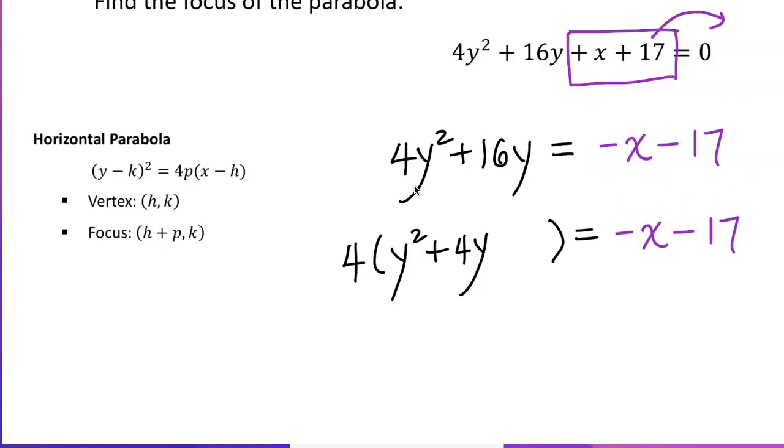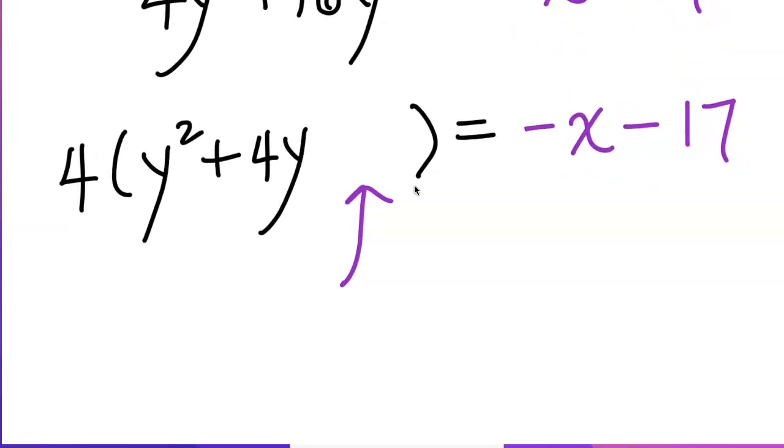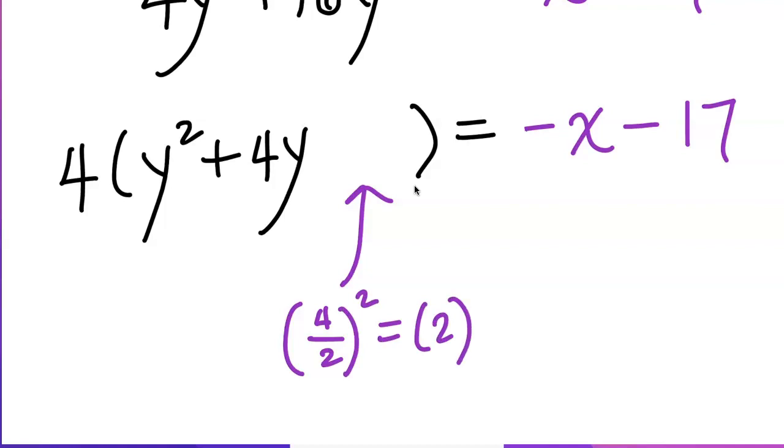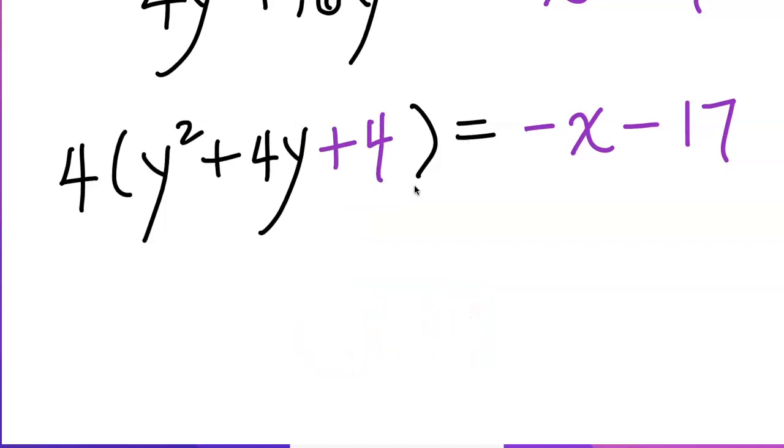Let us complete the square. What should we add inside this parenthesis? Remember, it's always half of that middle number squared. So if you do half of 4, that's 2. 2 squared is 4. So I'm going to be adding 4 inside the parenthesis. But what does that mean to the entire left-hand side?